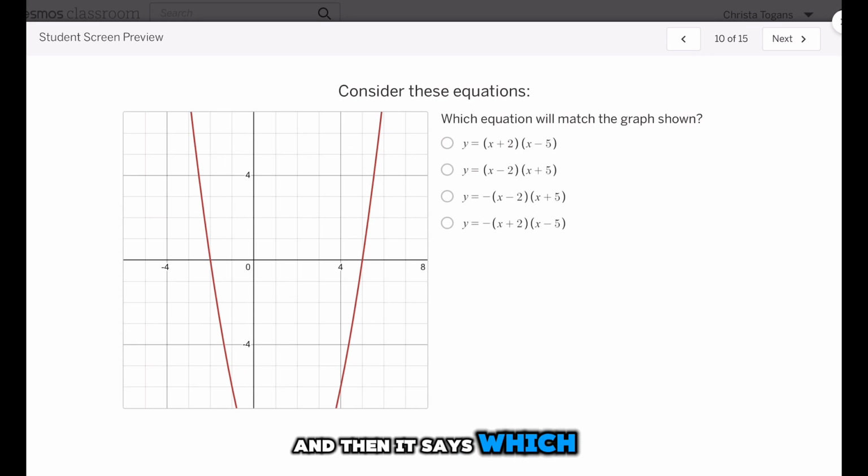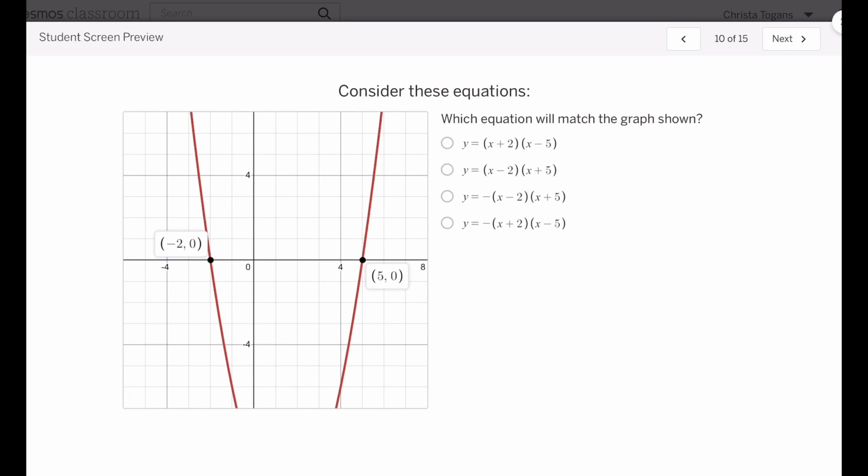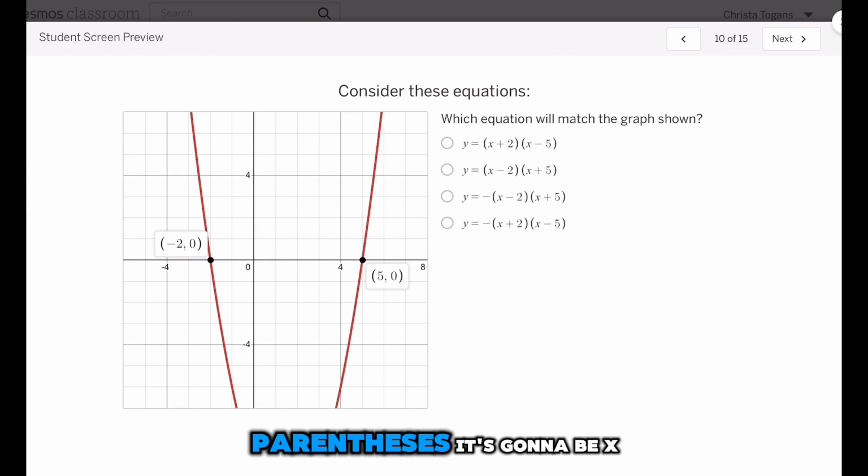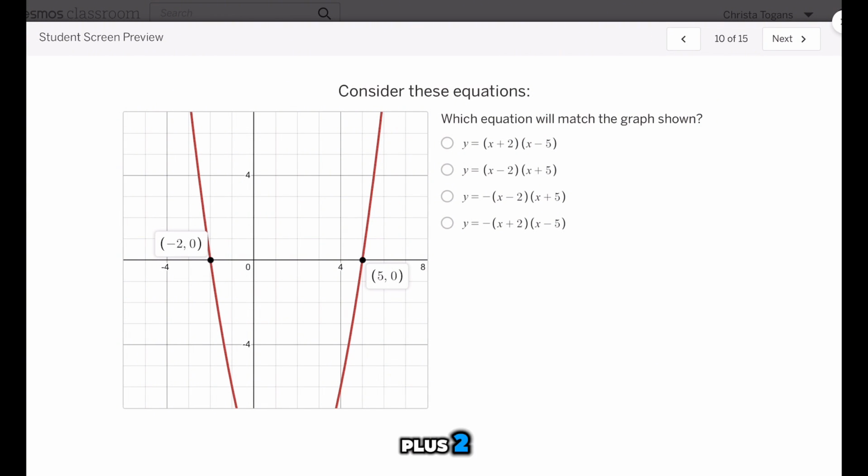And then it says which equation will match the graph below. So we have an x-intercept there and an x-intercept there. Because the x-intercept is negative 2, that means in the parentheses, it's going to be x plus 2. So it's either going to be the first one or the second or the last one.